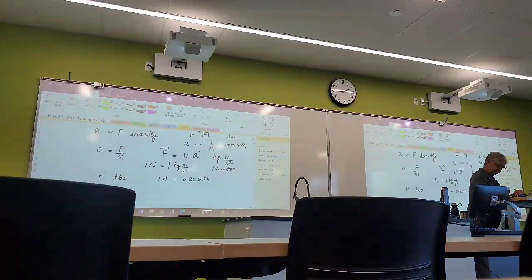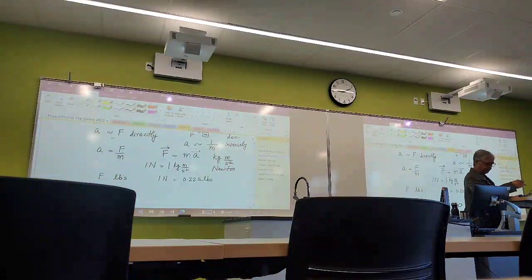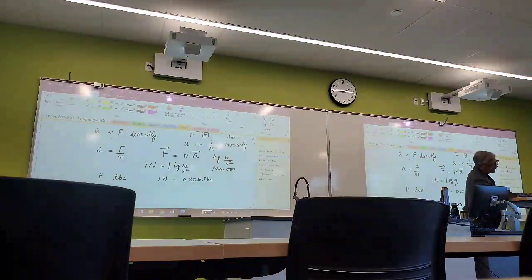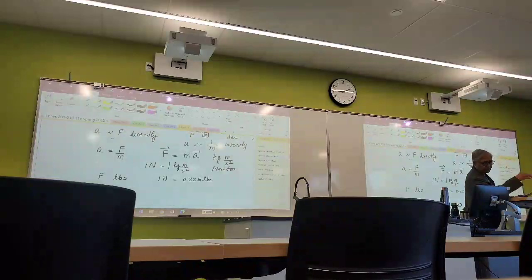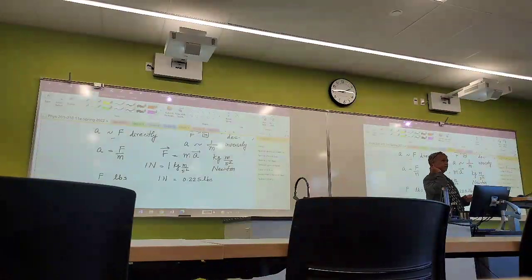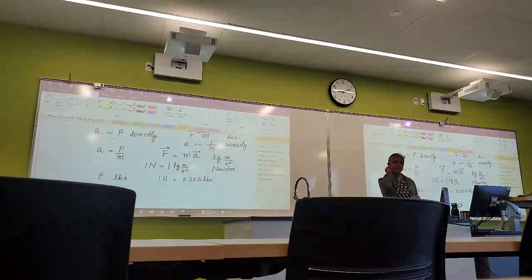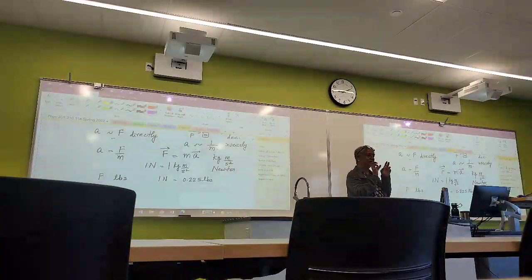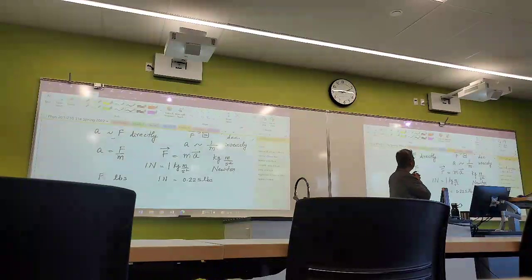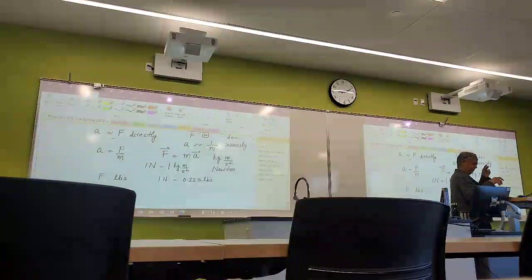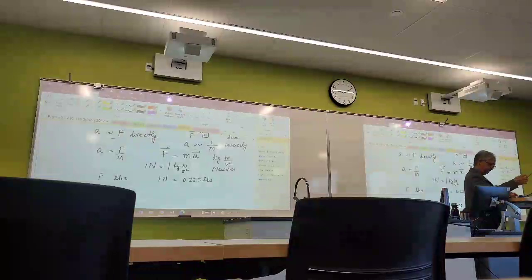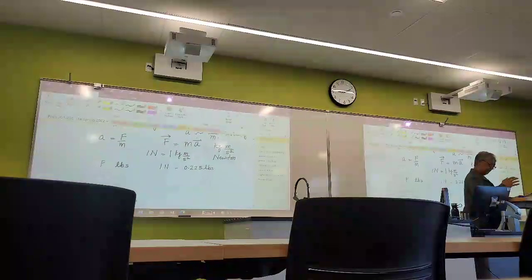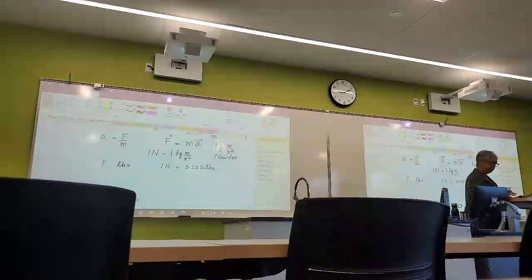So is Newton a big quantity or a very small quantity? Small quantity. It's a little less than a quarter of a pound, correct? Yes, it's like a cooked quarter pound burger. That's what it is. So it's very small. Okay, so just to give you an idea about the force, so you know what is Newton.